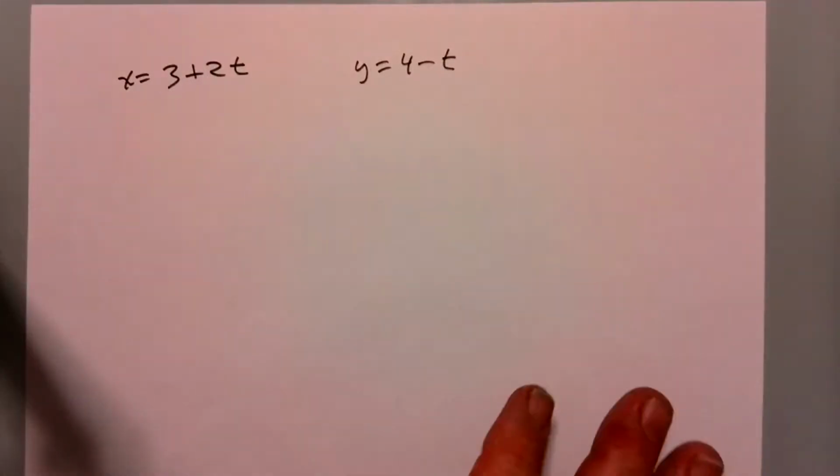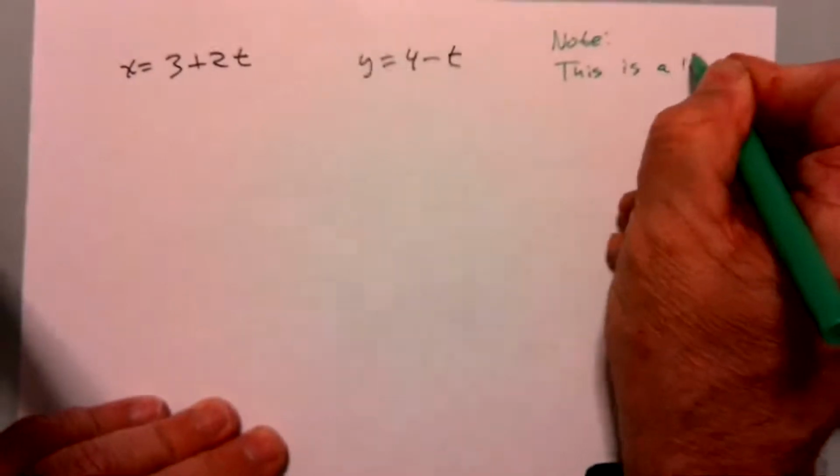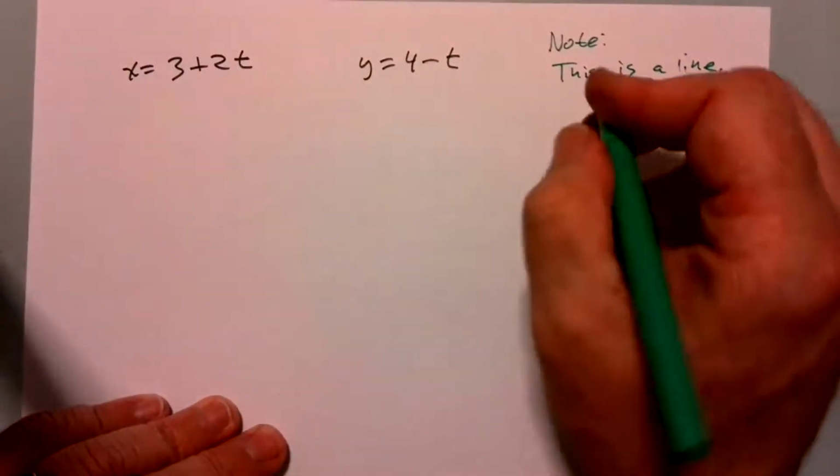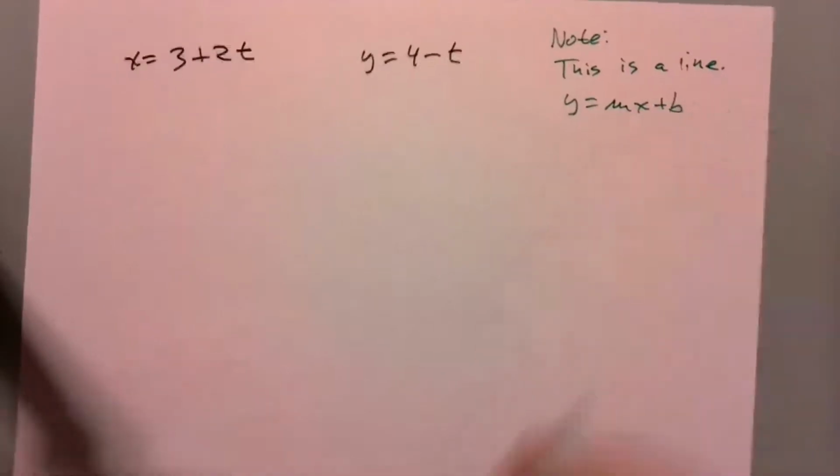Note, this is a line, so we'd like to express this line in the form we are used to, namely y = mx + b.